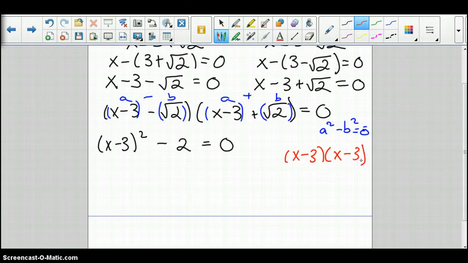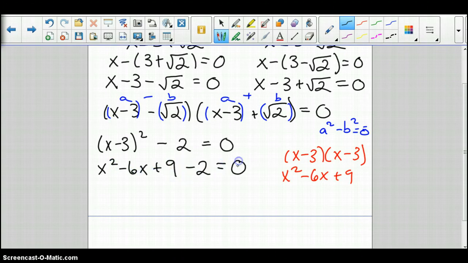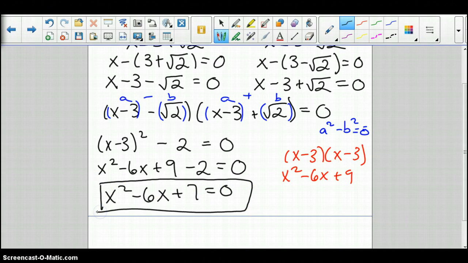So we would double distribute or FOIL, and we would get x squared minus 3x minus 3x, so minus 6x plus 9. So I'm going to write that in here. And don't forget my minus 2. And to complete this, we are just going to add like terms. And we have our final quadratic.